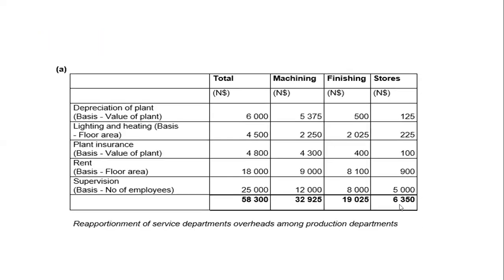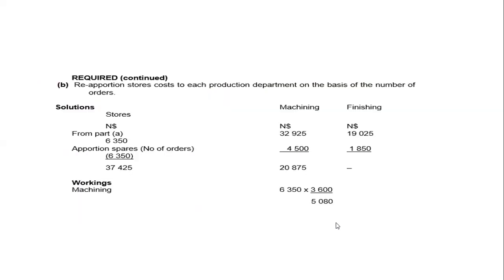Okay, so this is our total service department overheads. So what we then have to do is, for machining, we take the number of orders, which is 3.6.